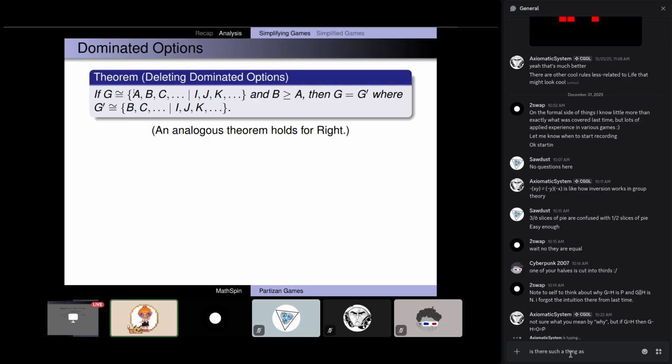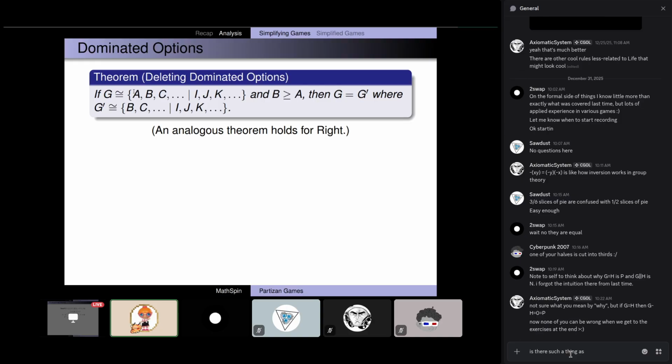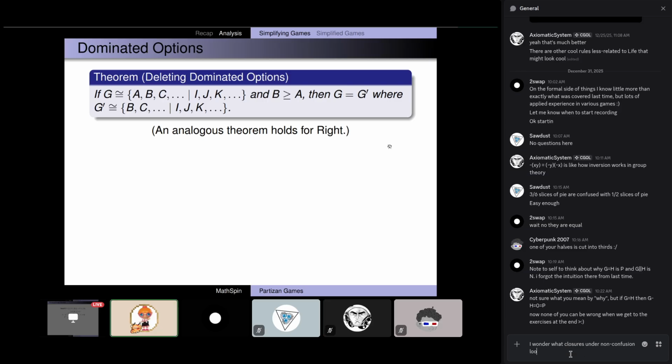Because if B is at least as good as A in all sums, then G and G prime should be equal in all sums, because a perfectly playing left would never need to make the move A. She could always just move to B instead. That's the theorem that says formally what we were just talking about.